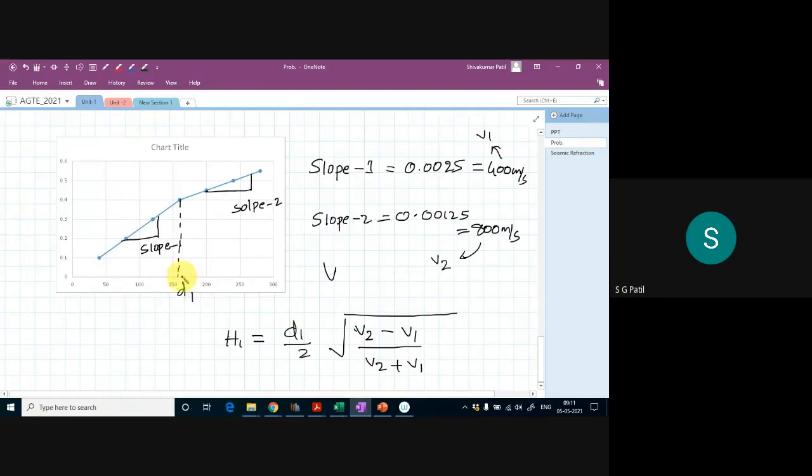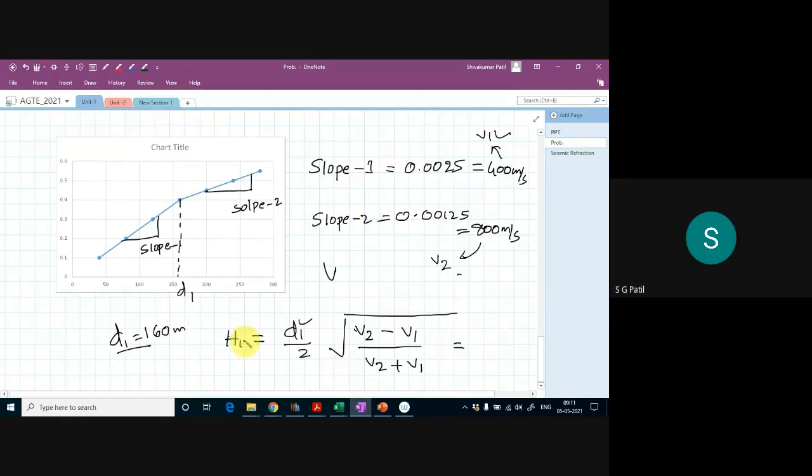D1 is 160 meter. You know D1, you put it in, and just now I got V1 and V2.